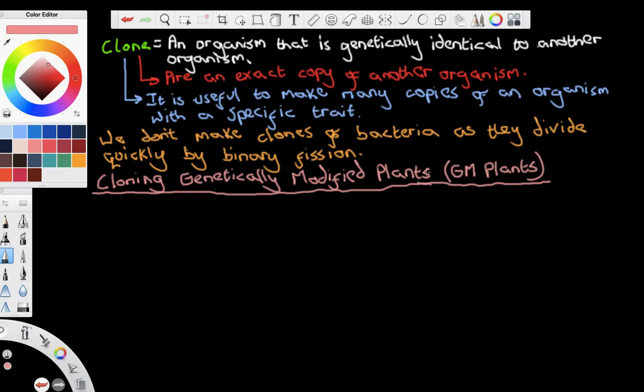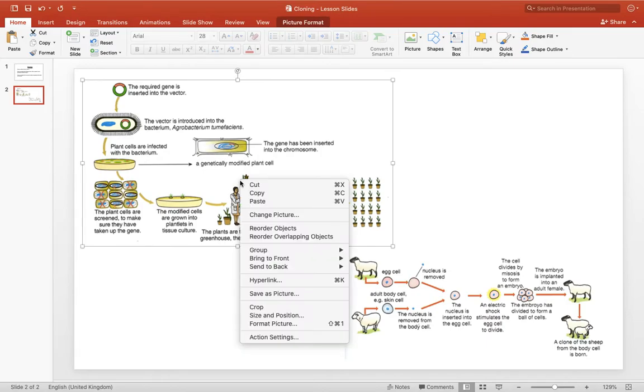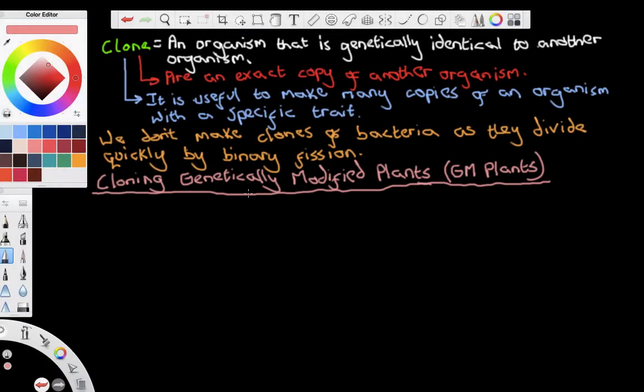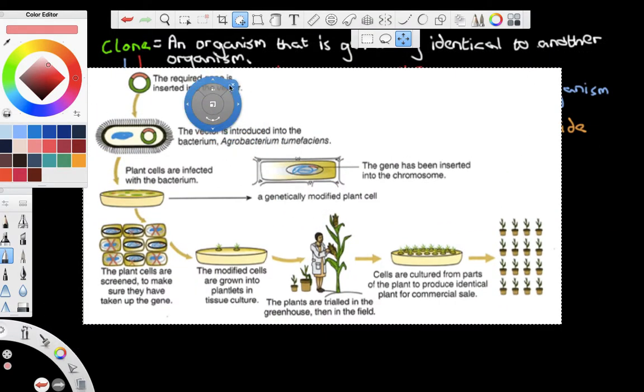So we may have started with a genetically modified plant cell that we can then clone into what's known as a tissue culture. Now, this diagram from the PowerPoint shows this process in great detail. Essentially, we're starting with a bacteria into which we've added a modified plasmid, like we spoke about in the genetic engineering lesson.